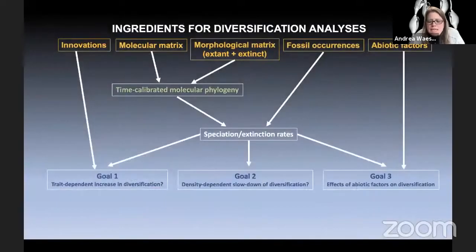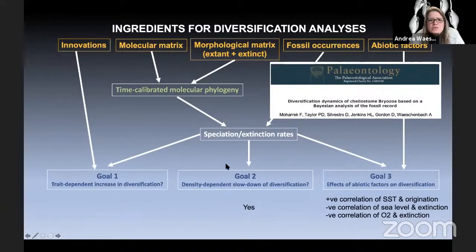Coming back to this slide, I just wanted to mention, so moving on from this part of the tree, the molecular phylogeny, we've also just submitted a paper to Palaeontology, which was a Bayesian analysis of the fossil record. So this is only using these ingredients, fossil occurrences, and the abiotic factors.